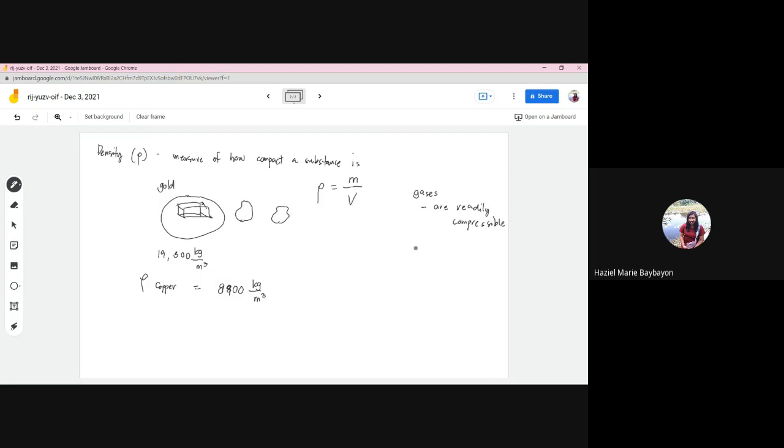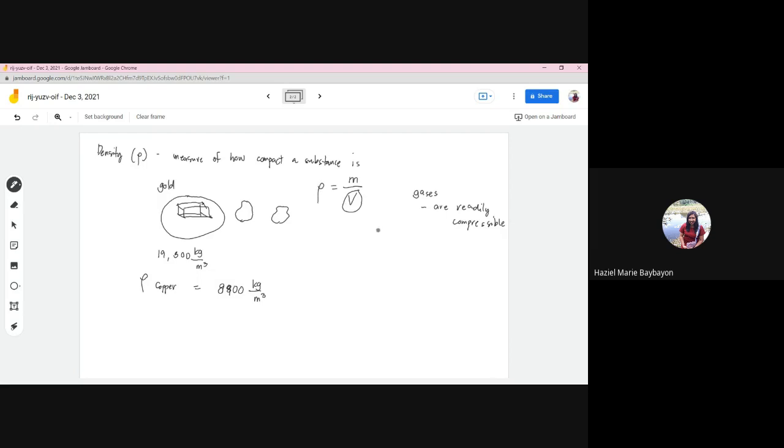Okay, so that means as you increase the temperature of gases, the density decreases. So the volume increases, the mass is constant, so the density decreases.